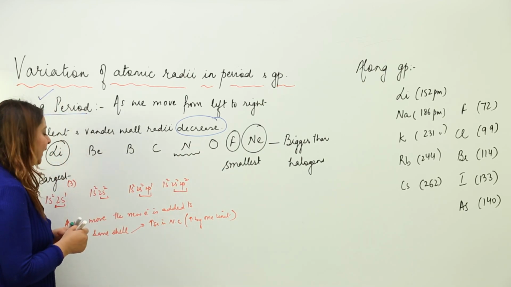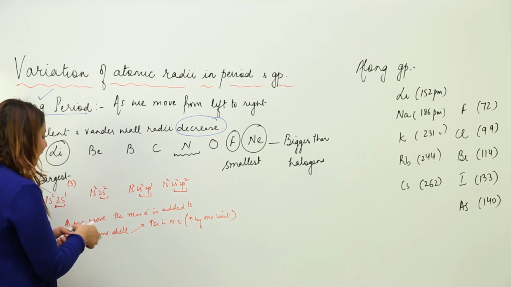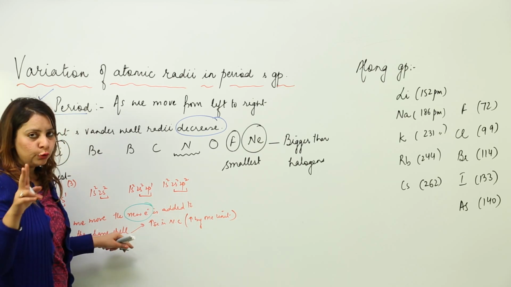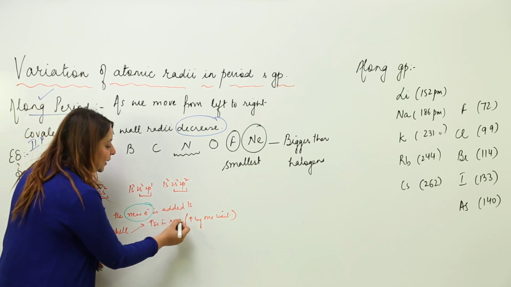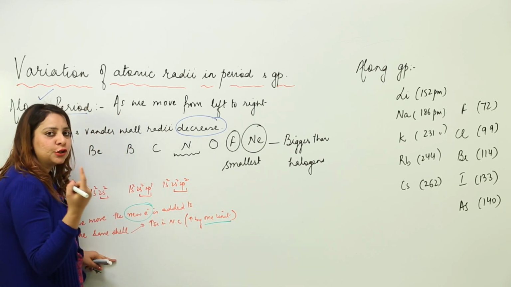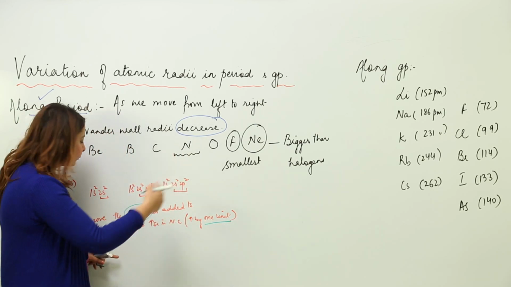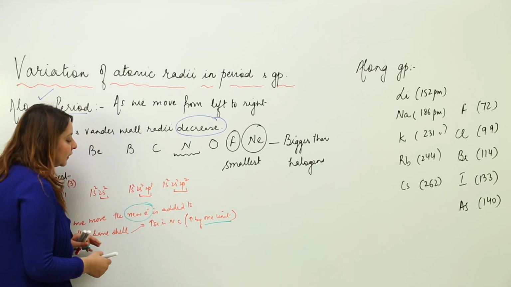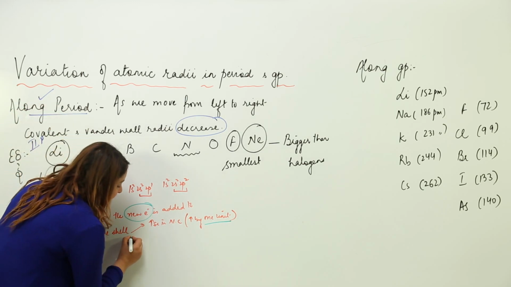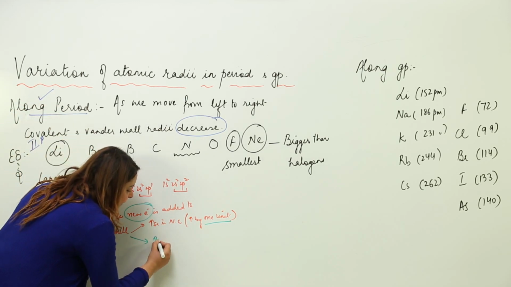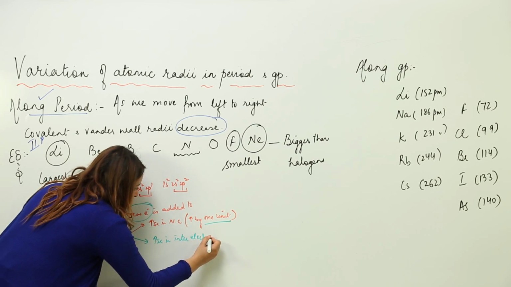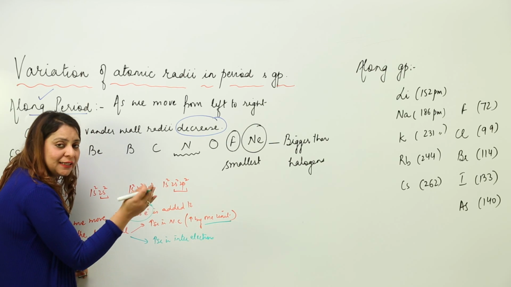So as we move, a new electron is being added, due to which two factors are operating. One is that the nuclear charge is increasing by 1 unit, because only 1 electron is added from one step to another. Another is the increase in inter-electronic repulsions, because the number of electrons is increasing in the same shell.